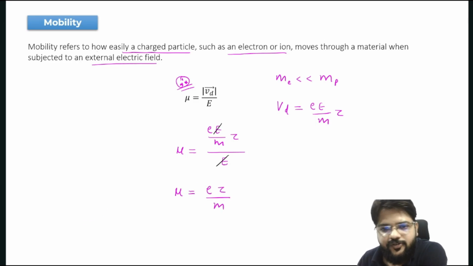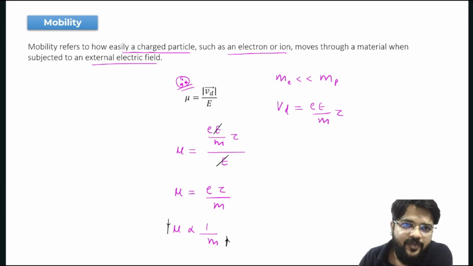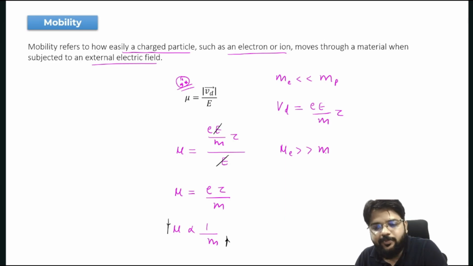This thing we are getting. So we can see one thing here, this mobility is inversely proportional to mass, correct? Means if the mass is greater, then the mobility will be less. And we know that the mass of the electron is very small as compared to the mass of the proton. So definitely the mobility of the electron is very high as compared to the mobility of the proton.